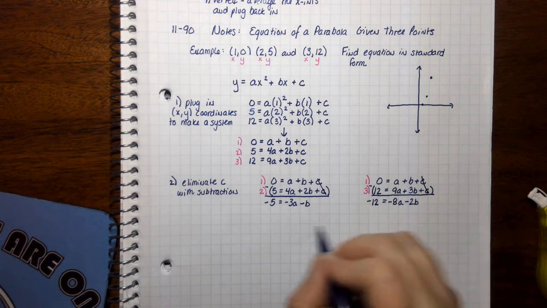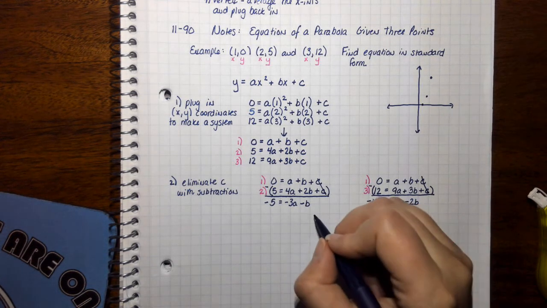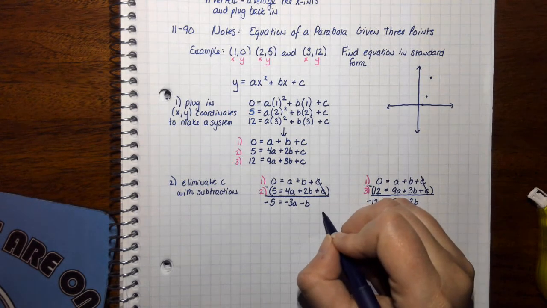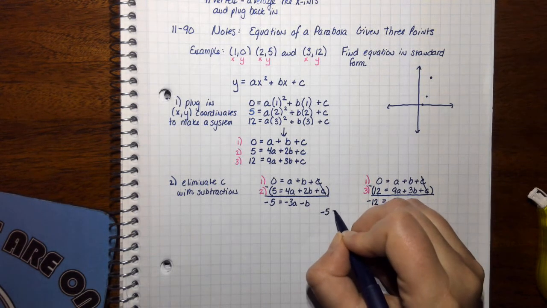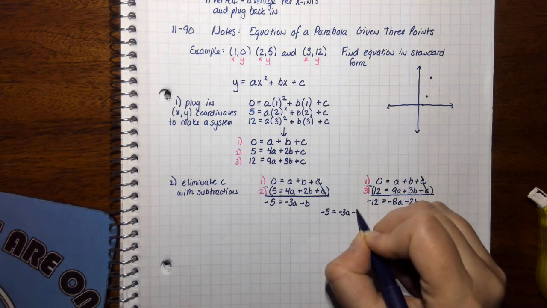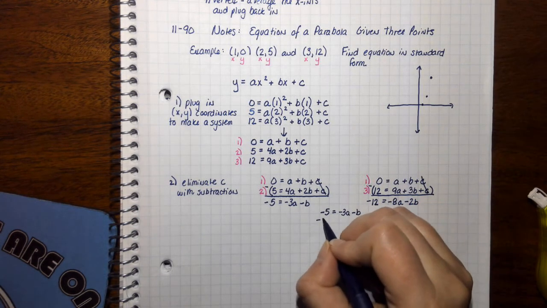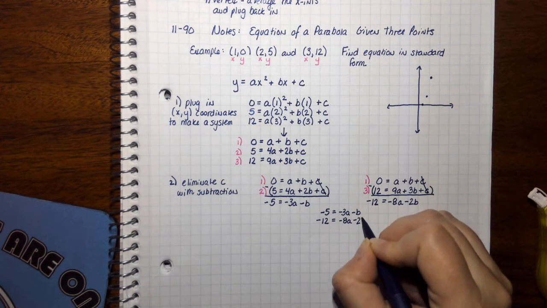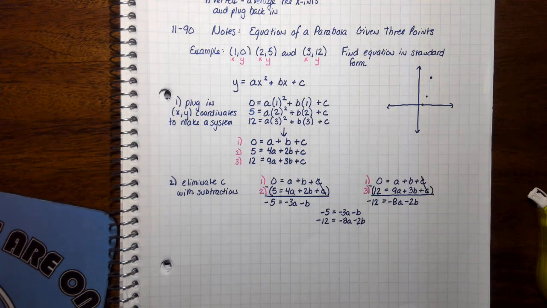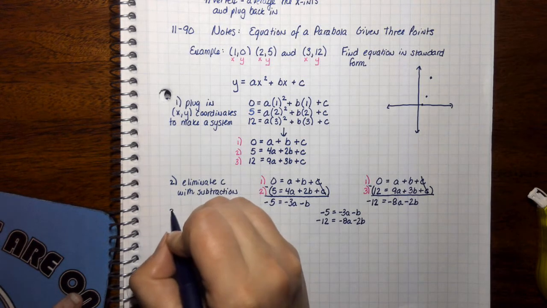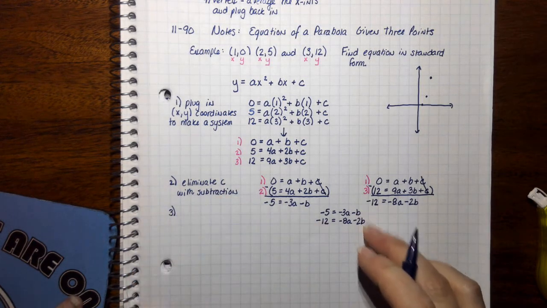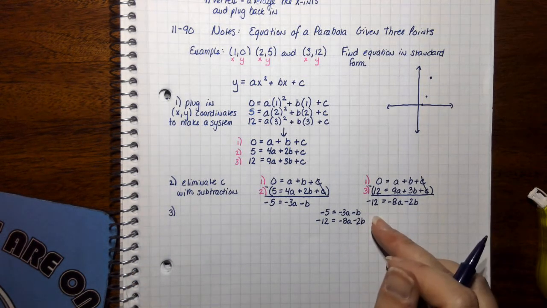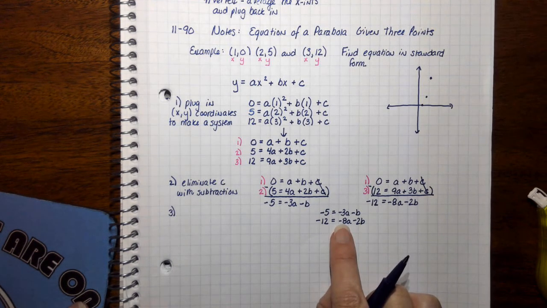Okay, so at this point, I am going to line them up. Negative 5 equals negative 3A minus B. Negative 12 equals negative 8A minus 2B. Okay, and so step 3, you're going to actually have to give some thought, depending on which is easier to eliminate, A or B. If you look at the A's, you have a 3 and an 8, which is kind of yucky.